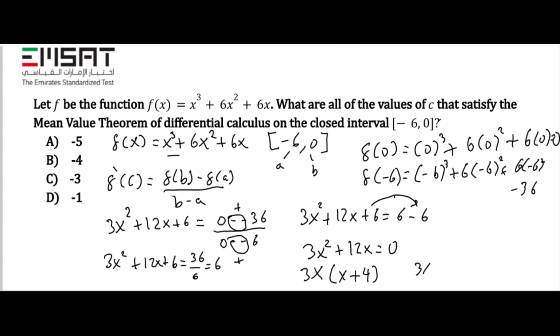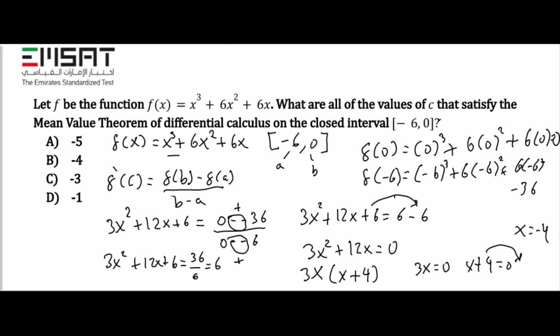So 3x equals 0. Then we have x plus 4 equals 0. We move the positive 4 to the other side, so x equals negative 4.